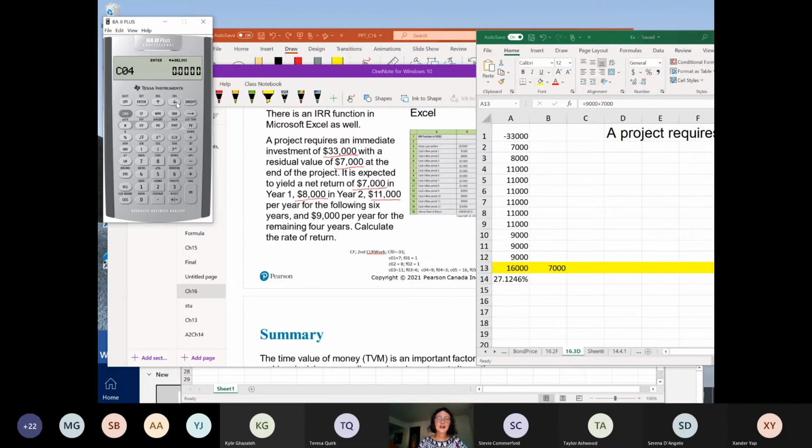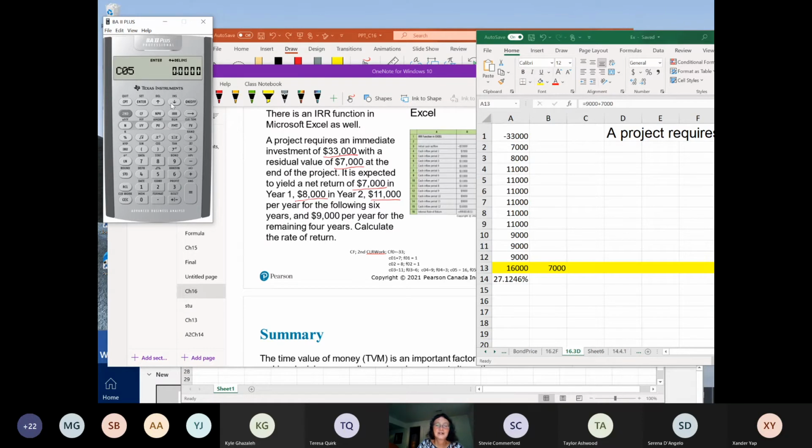Next one is 9,000. Enter, down arrow key. And 9,000 happened 3 times. So frequency is 3. Enter. Okay.